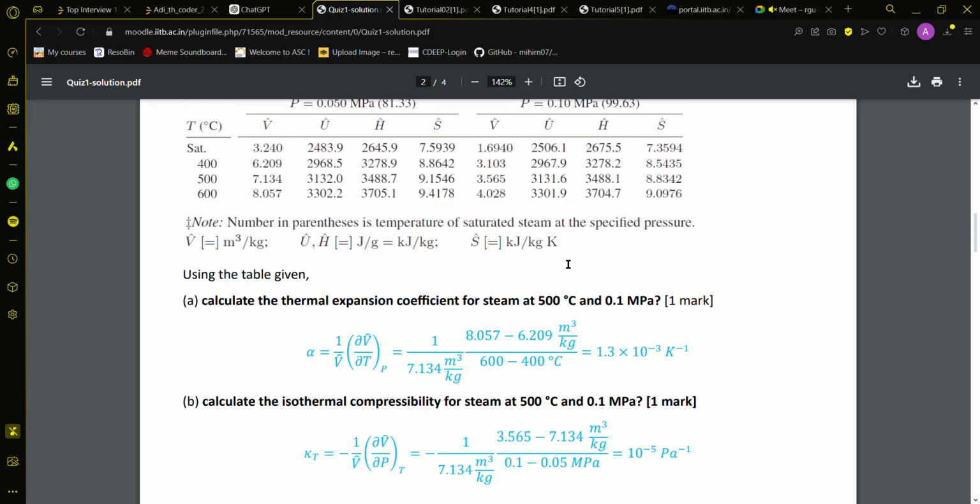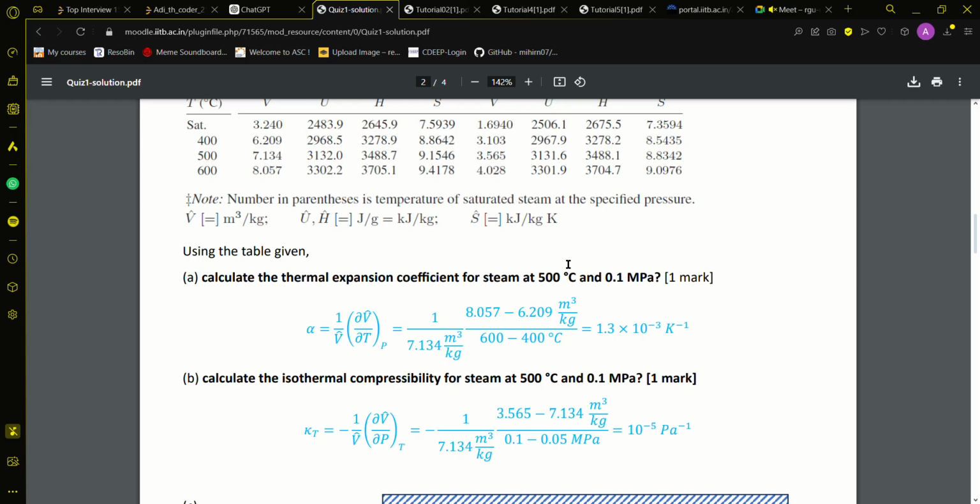For the next question we have is, calculate the isothermal compressibility for steam at 500 degrees Celsius and 0.1 megapascal. So here we know that the formula of isothermal compressibility is given by K is equal to minus 1 by V cap, dou V cap by dou P at constant temperature.